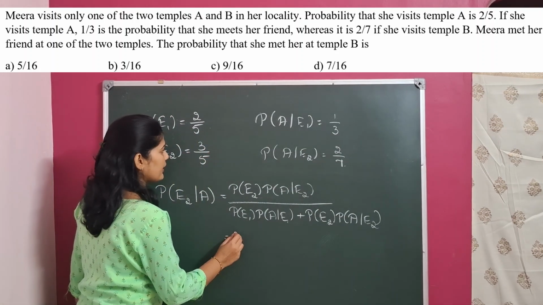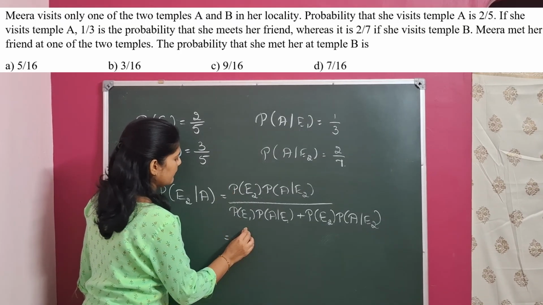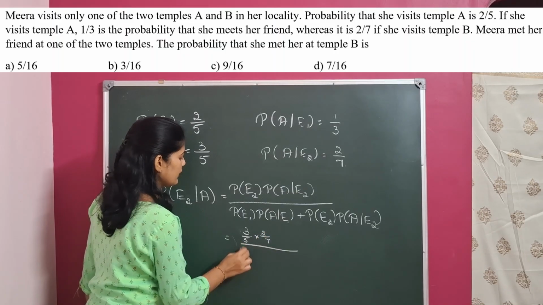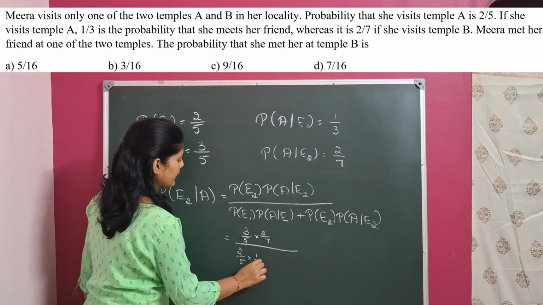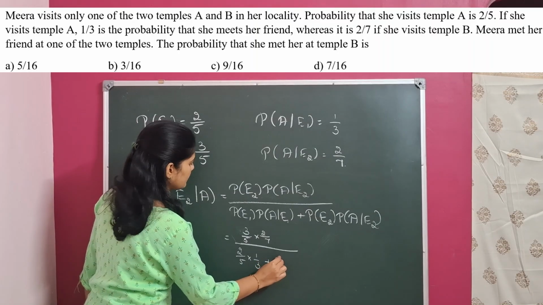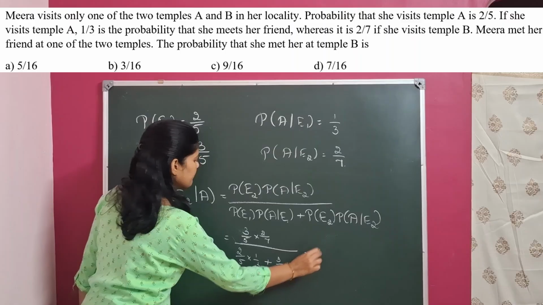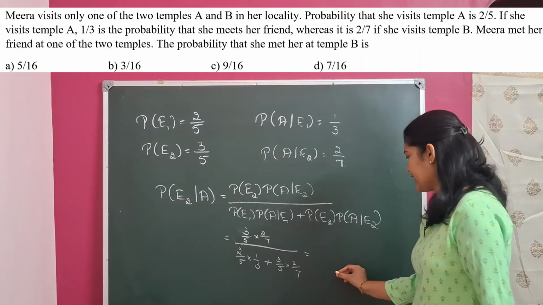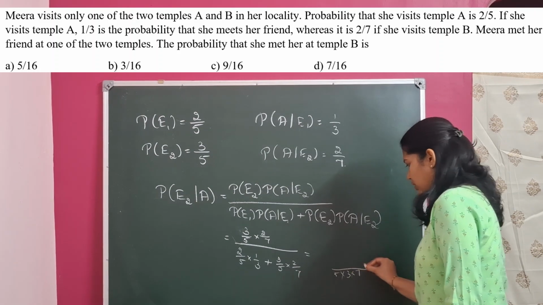If we substitute the value, it will be 3 by 5 into 2 by 7 whole divided by 2 by 5 into 1 by 3 plus 3 by 5 into 2 by 7. If we simplify this, take the LCM. The LCM will be 5 into 3 into 7 in the denominator.